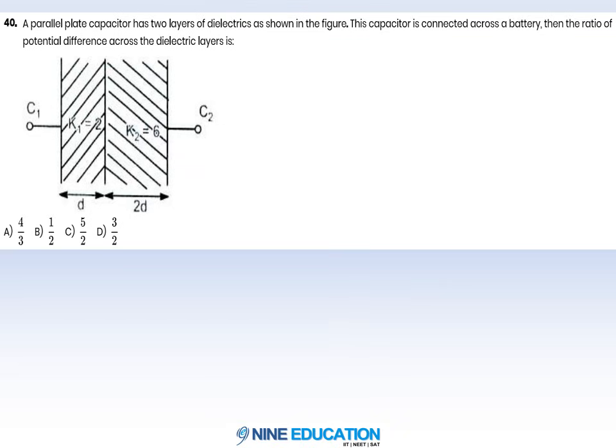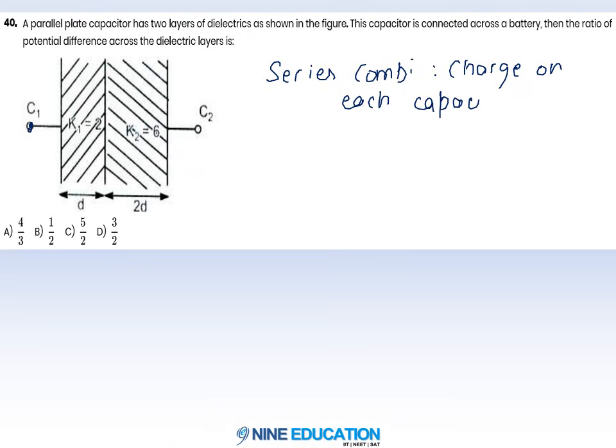Yeah, in this question, parallel plates are given and partial regions are filled with different dielectrics. So if you observe, these two layers are in series combination, and in series combination, the charge on each capacitor remains the same.